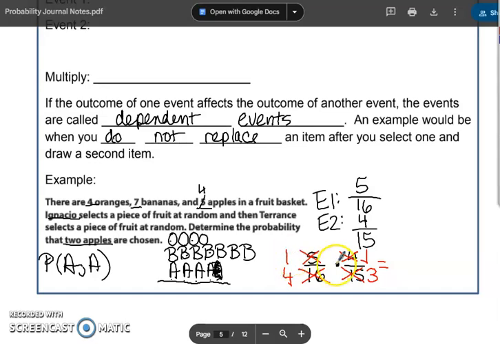So I have 1 times 1, 4 times 3. And I know I cannot go any further because 1 is as far as we can go. 1 and done. That is the end, okay? So when you're doing more than one event, you find the probability of each event and then multiply.